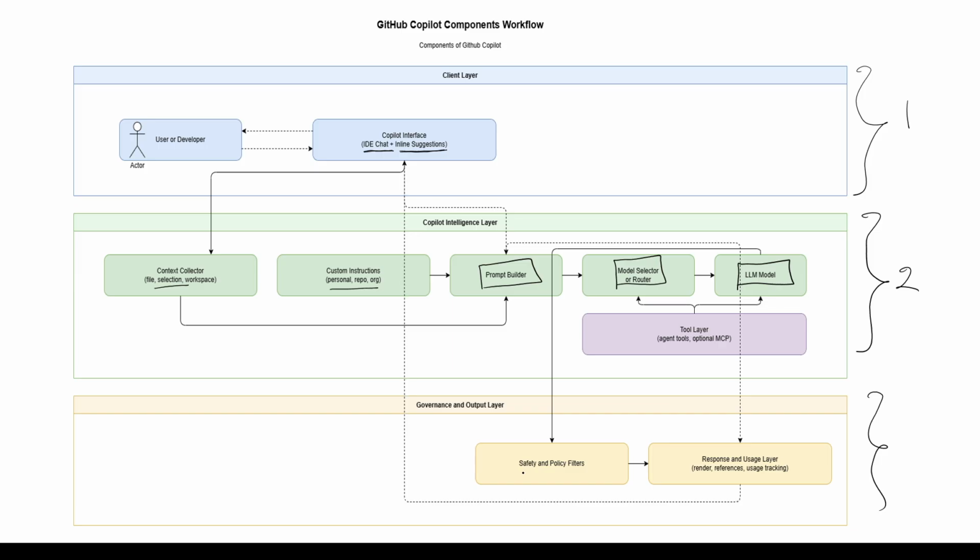There are safety and policy filters configured at this layer. The different models that you can use are also configured at this level. And it also has user tracking, like who has asked what, so we can track that at this governance layer. This layer is usually associated with the admins in the organization who control the GitHub Copilot configurations.